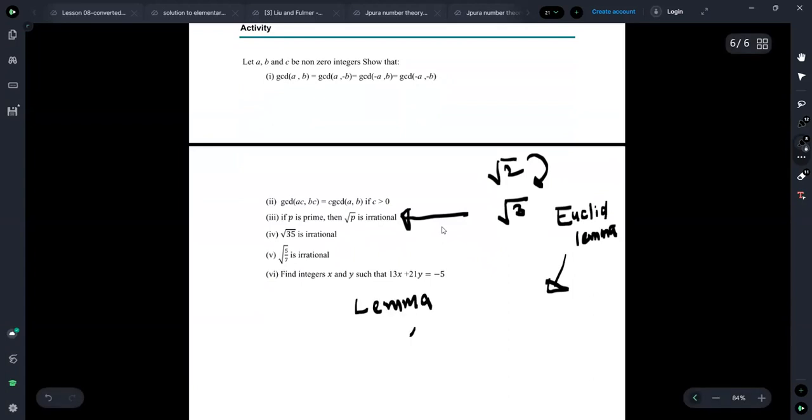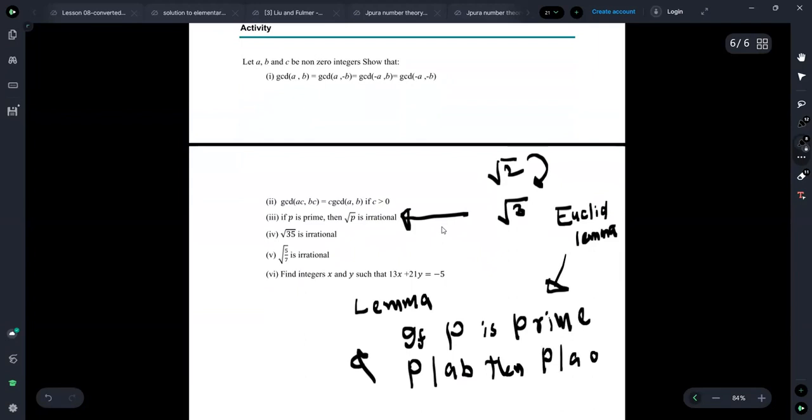What is that? If p is prime and p divides ab, then p divides a or p divides b. This is a direct application of Euclid's lemma.